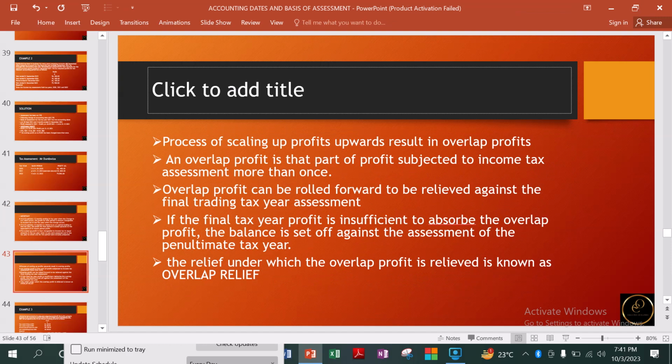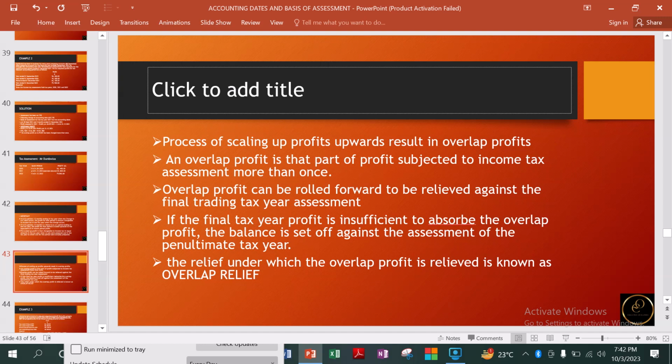Further, just to sum up, the process of scaling profits upwards results in overlap profits, as we have seen, and I've said that an overlap profit is that part of the profit subjected to income tax assessed more than once. That much you should remember. Overlap profit can be rolled forward to be relieved against the final trading tax year of assessment. I've already mentioned that.